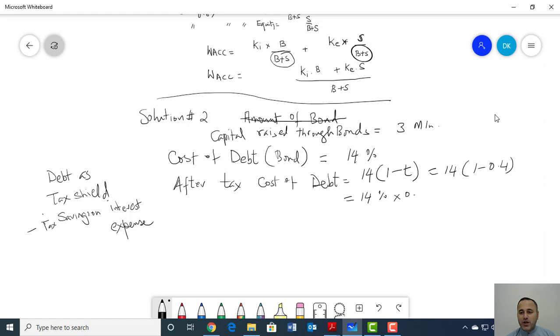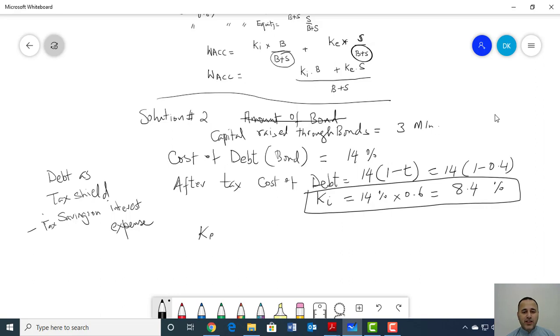So this is multiplied by 0.6, and this one is 8.4%. Now I have calculated the cost of debt, which is here. Now my other task is to calculate the cost of equity.